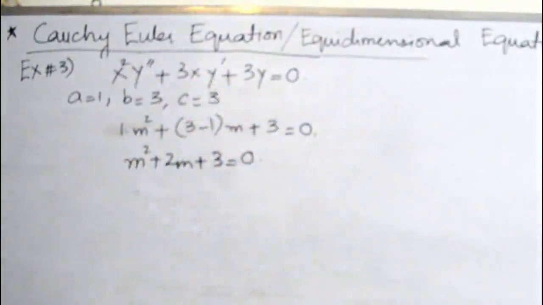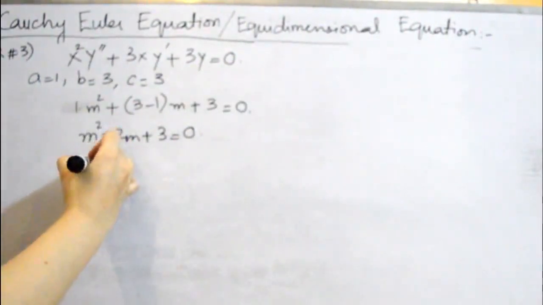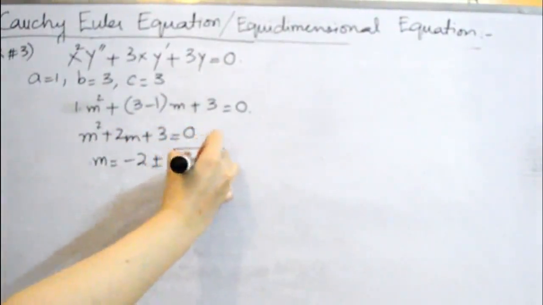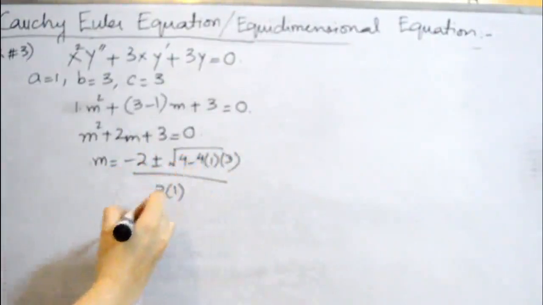Now this cannot be factorized. I cannot see any factors, and this can be done by completing the square, but here I am using the quadratic formula. So by the quadratic formula, m equals minus 2 plus or minus the square root of 4 minus 4 into 1 into 3, divided by 2 into 1.